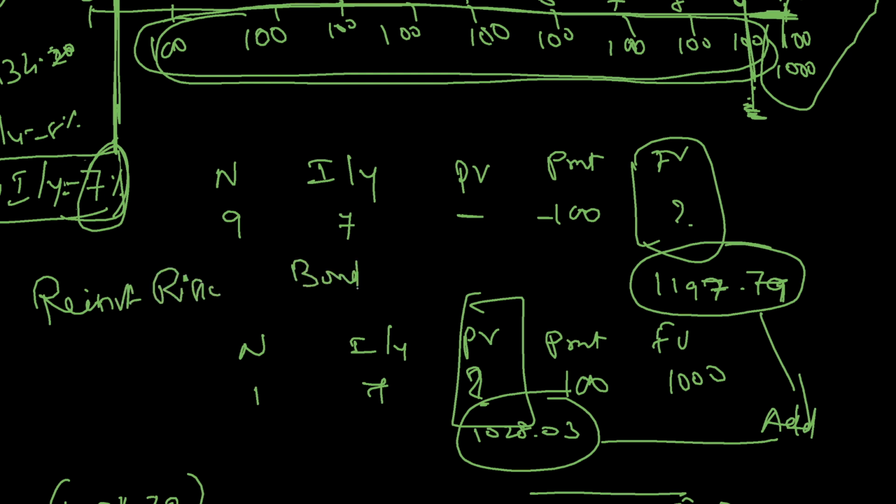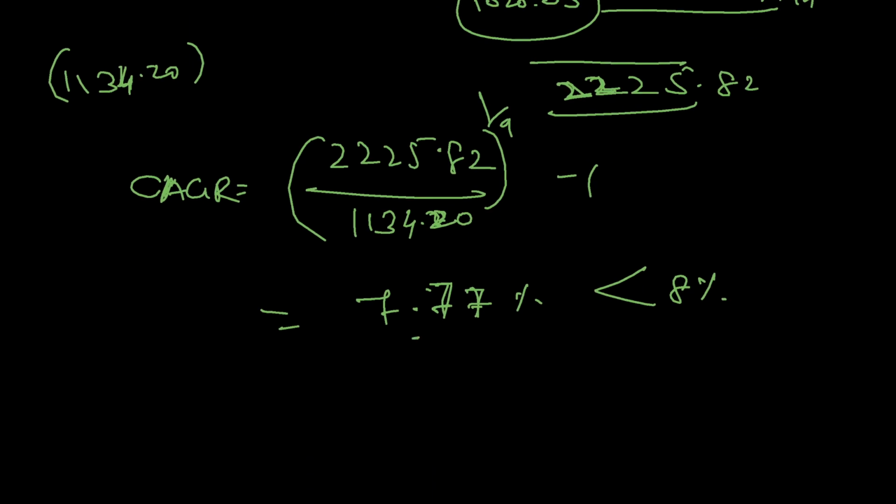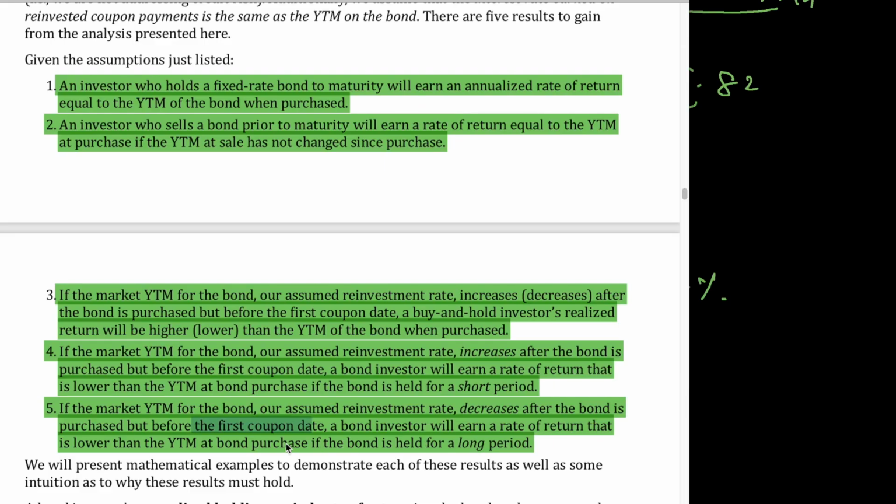Reinvestment risk is more powerful in this case because I'm holding it for a long period of time, and reinvestment risk is against me because I'm only able to reinvest at 7 percentage. So this is more powerful and it is against me, and so overall my return is lower than the initial IY. So this proves the fifth point as well.